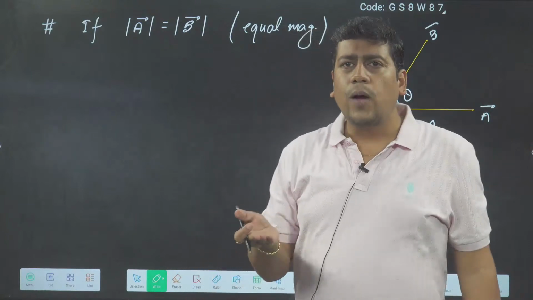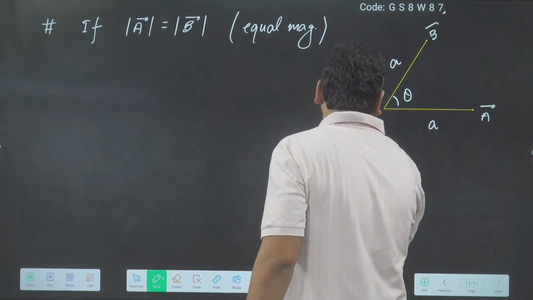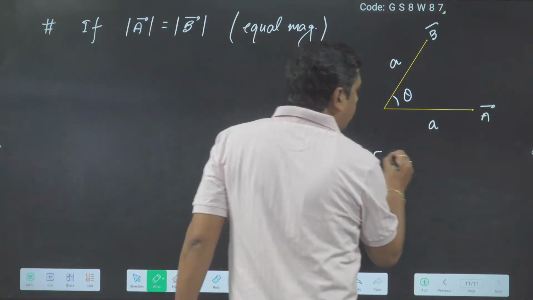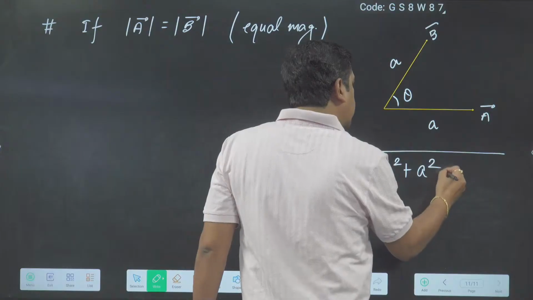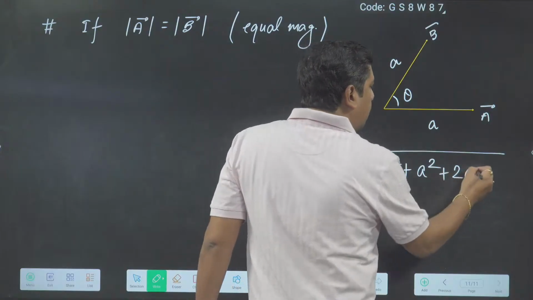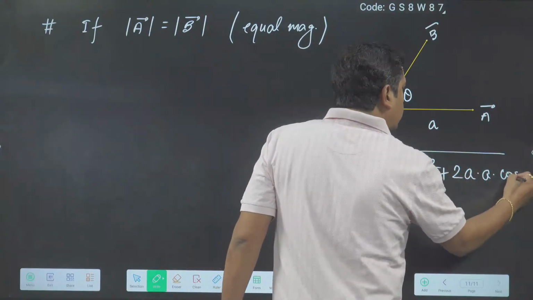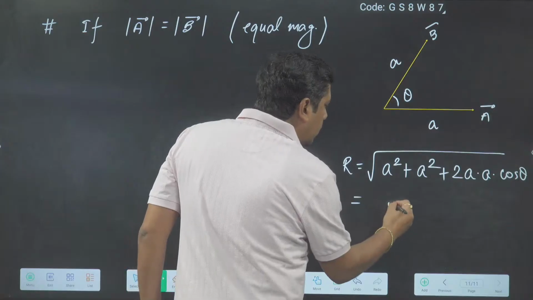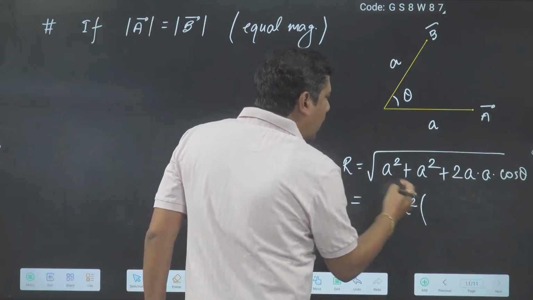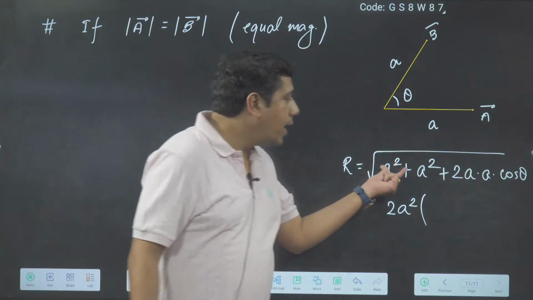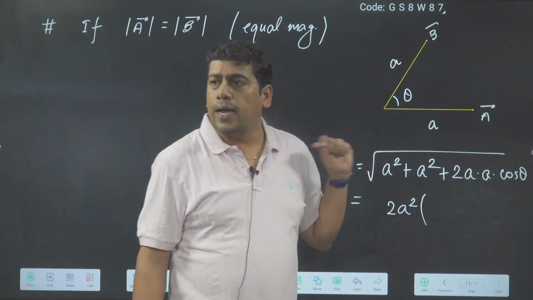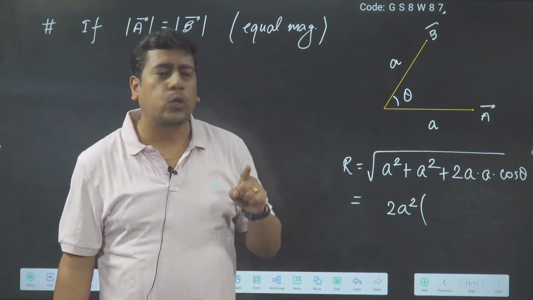Now, if you are supposed to add them, what will you write for the resultant? You will write under root A square plus B square plus 2AB cos theta. Understand the maths here? 2A square plus 2A square cos theta: can we take 2A square common?